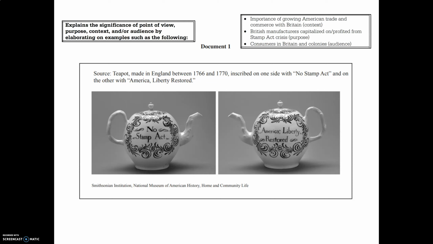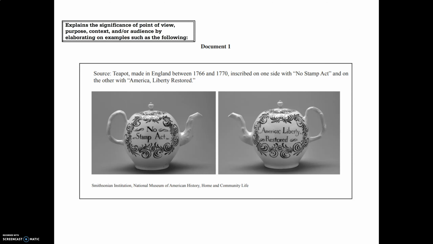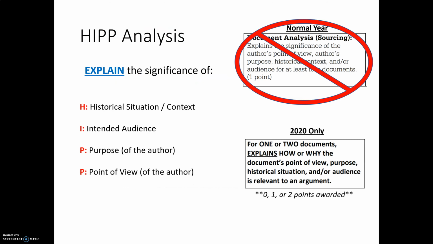For audience, you could tell us that the audience would be consumers in Britain and in the American colonies themselves. So that is what they're looking for. Again, you're doing 1 of these, not all of these, for 1 or 2, hopefully 2 of the 5 documents.